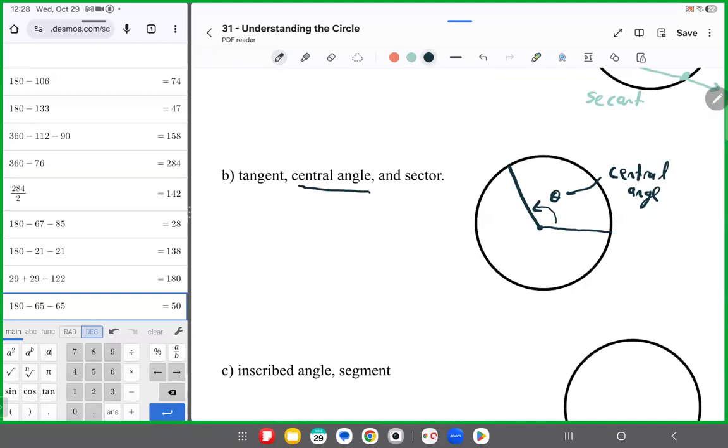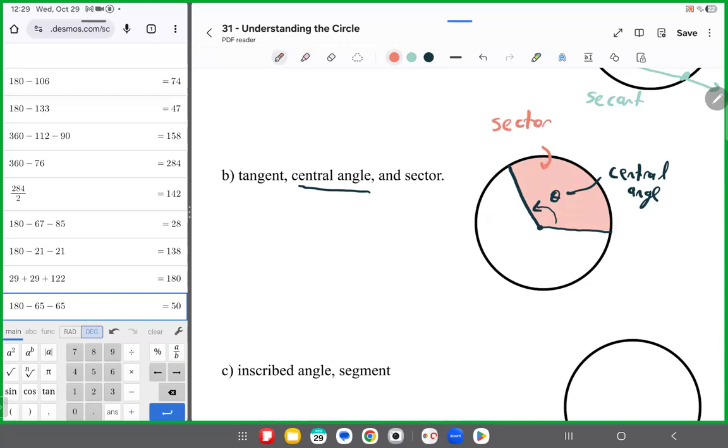The sector is going to be the area of the inside of that pie slice. So let's go ahead and color this in red. It's very satisfying to color this in like this, by the way. Very good. So here, this pie slice will be our sector.